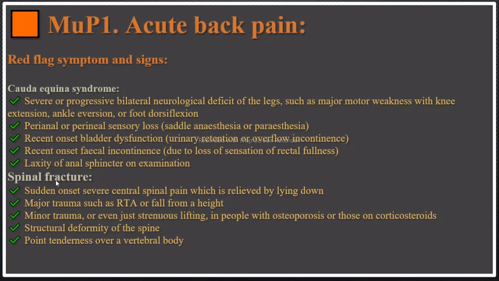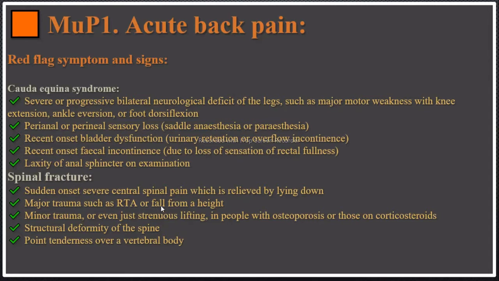A spinal fracture, you will find in the scenario, of course, a trauma, or maybe non-traumatic. If non-traumatic, it will be osteoporosis, as I mentioned. So you will find sudden onset, severe central spinal pain, which is relieved by lying down. Major trauma, such as RTA or fall from height, maybe minor trauma, or even just strenuous lifting in people with osteoporosis.